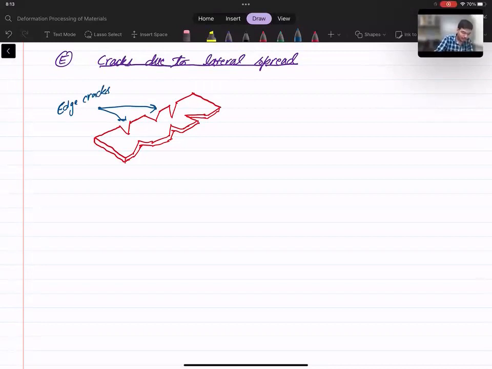Also, there may be some separation of the material, not separation, means similar type of splitting but in the lateral direction.